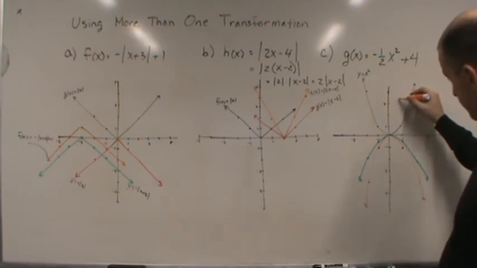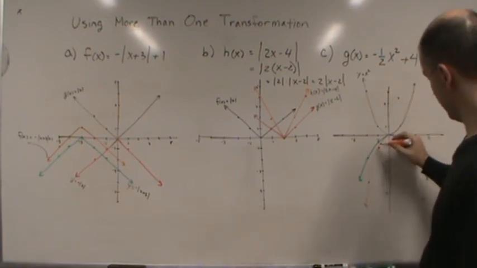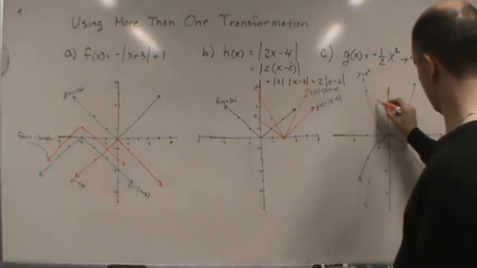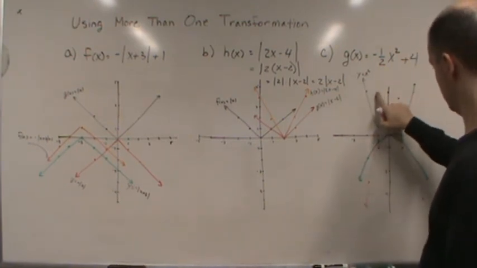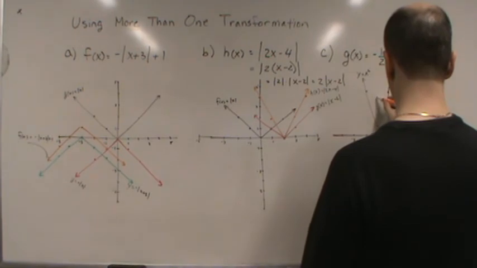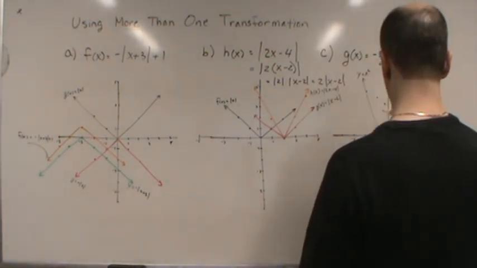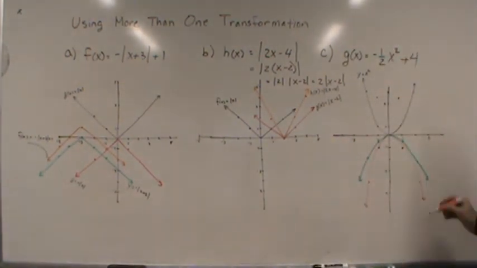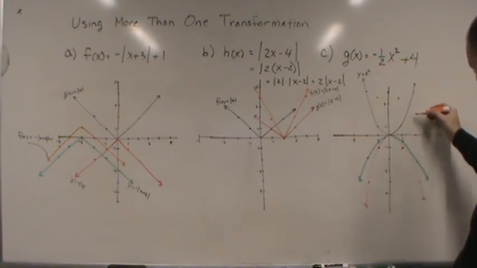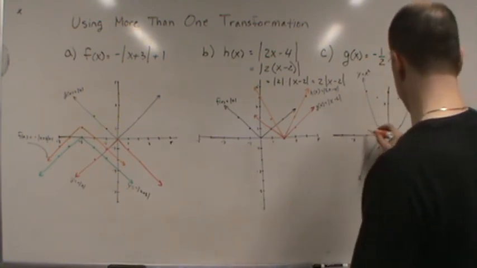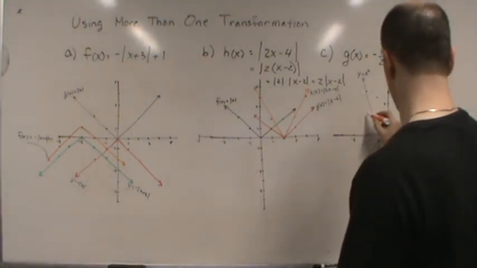So this is going to come right about here. And then this one here is going to come up about right here. Okay, and then this one here, this is at 2, so 2 is going to go to 2 here. And then of course we'll have this one over here at 2.